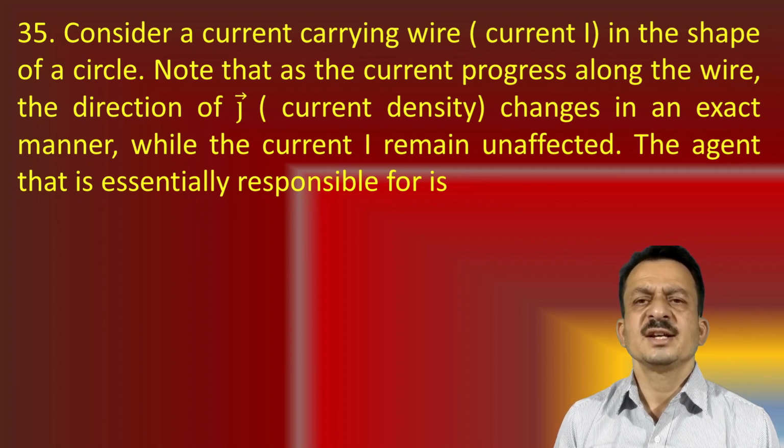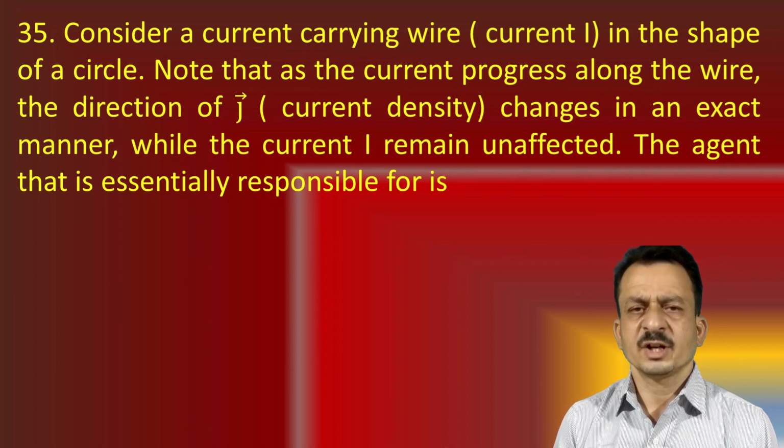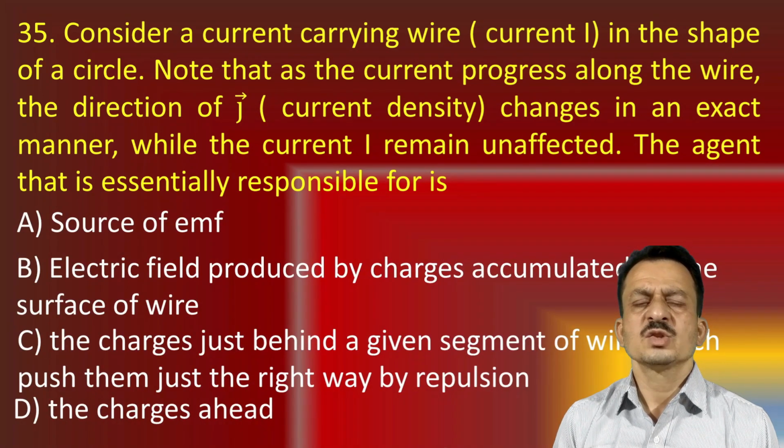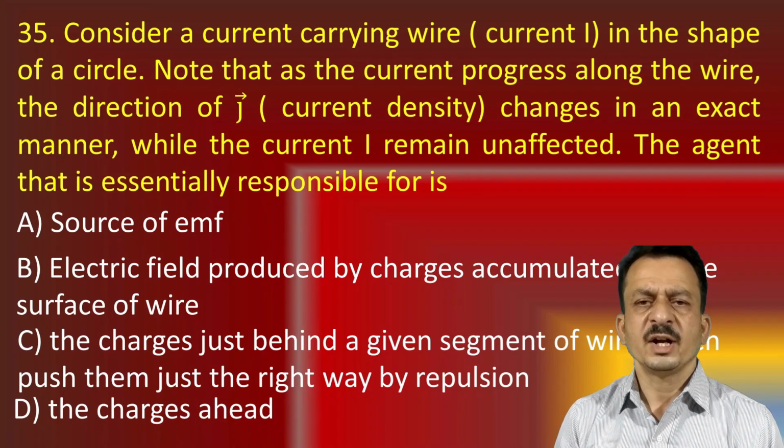The agent that is essentially responsible for it is purely theoretical. So A, source of EMF; B, electric field produced by charges accumulated on the surface of the wire; C, the charges just behind a given segment of the wire which push them just the right way by repulsion; and D, the charges ahead.